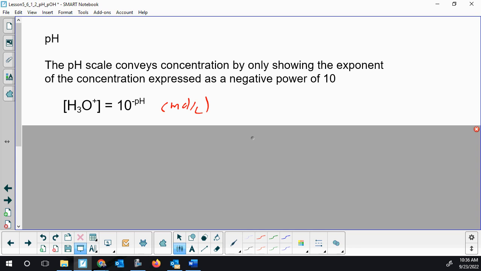Even though everything that I typed out in black has no units. So I underlined in green our formula, which has no units, pH is unitless, we get moles per liter.